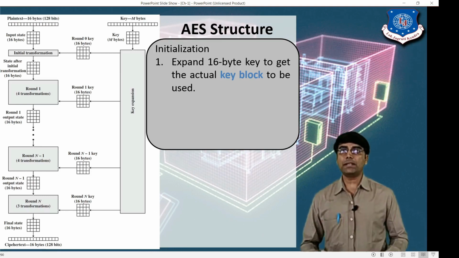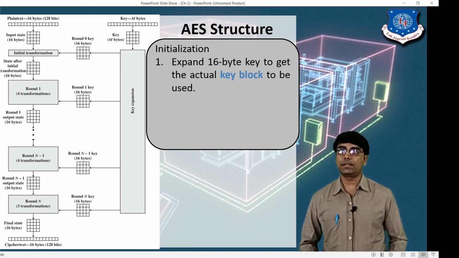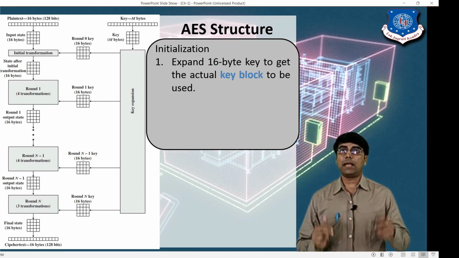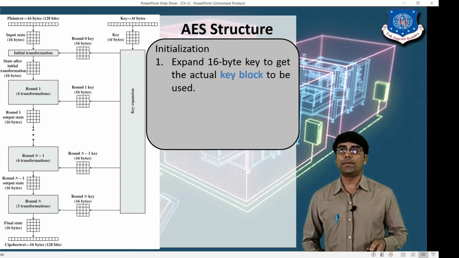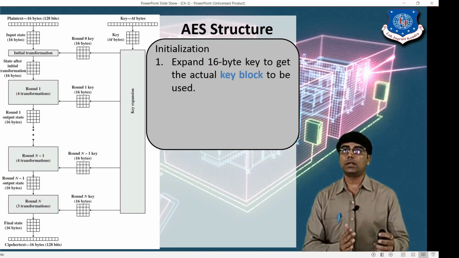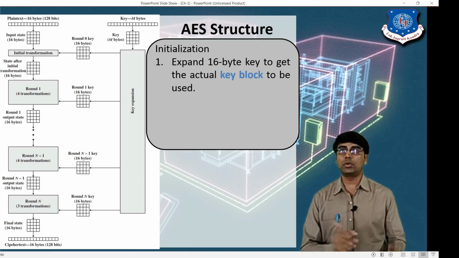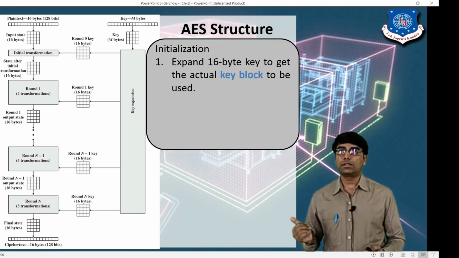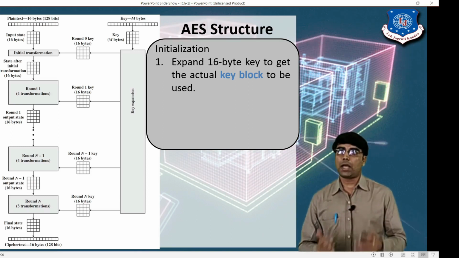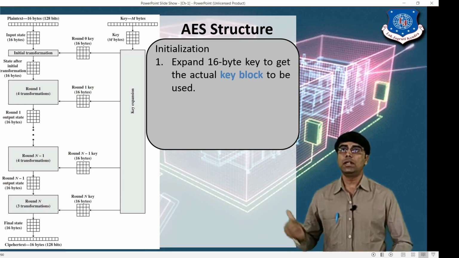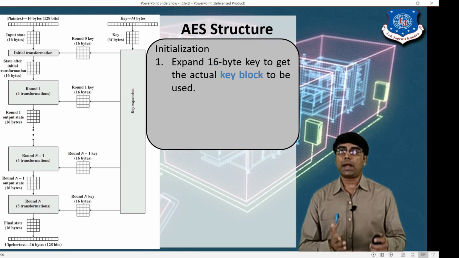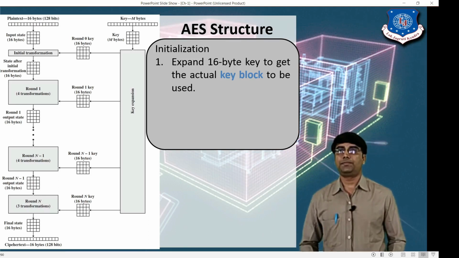Now the plain text is divided into 16 bytes. The 16 bytes are given as input to the next matrix, and it is represented as an input state. Each and every input can be stored in a state matrix. The output of each and every round and the initial transformation can be stored in a state matrix.